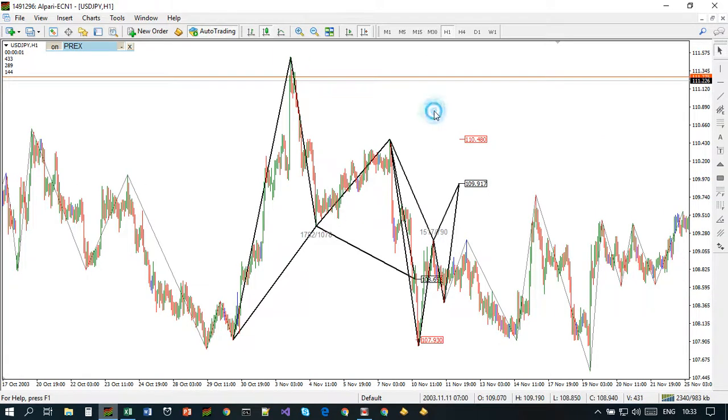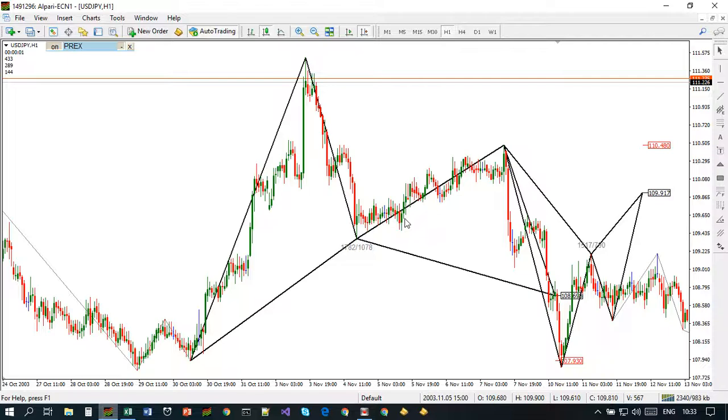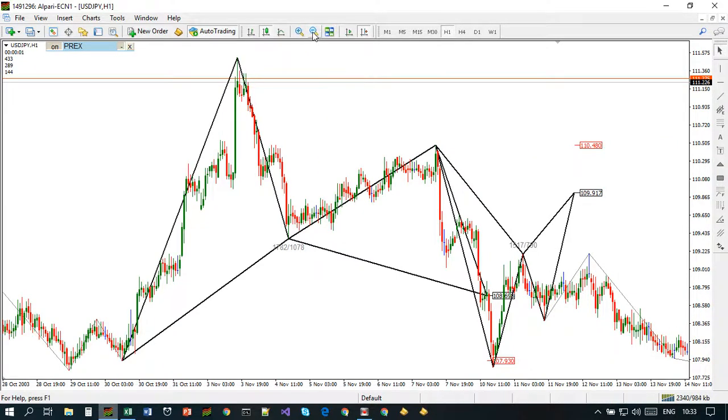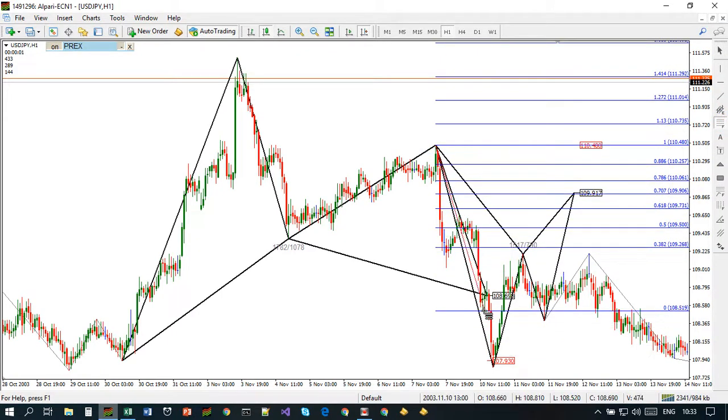Another Gartley is this. Let us see. Yes. So it completed here. Then we had a number of green candles, the reversal started, then we broke lower, had a double bottom or whatever, then we broke back and we exceeded that.